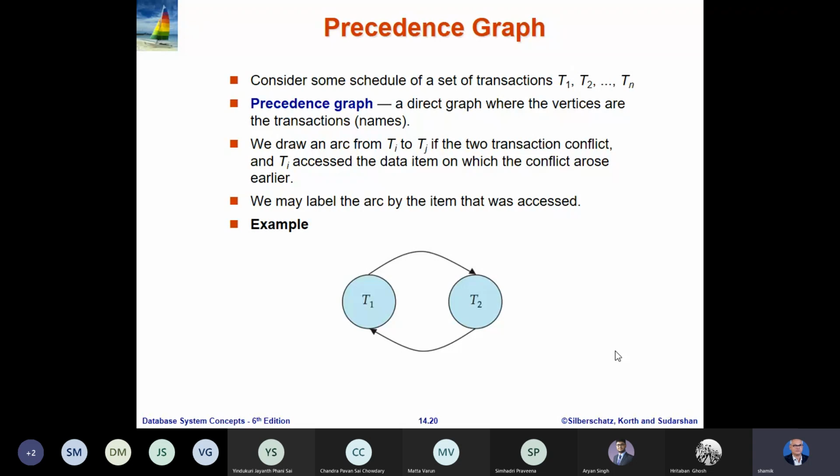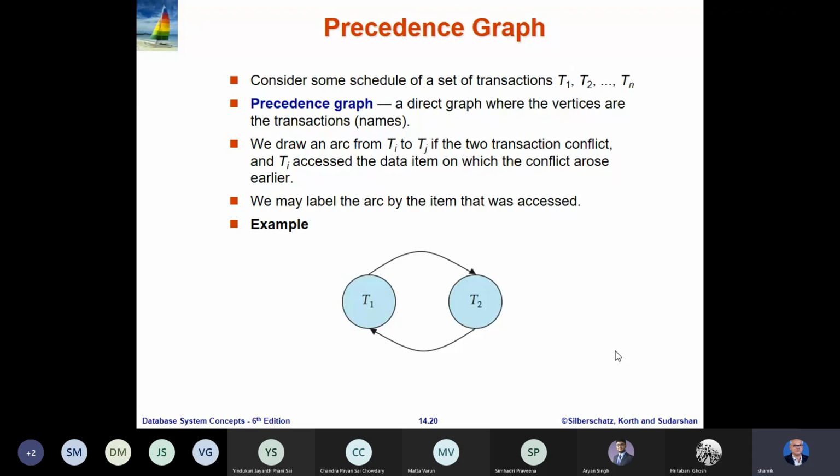Again I am repeating: if T1 has a read Q before a write Q of T2, the edge will be drawn from T1 to T2. If T1 has a write Q and T2 has a read Q, then also the edge will be drawn from T1 to T2. If T1 has a write Q and T2 has a write Q, then also the edge will be drawn from T1 to T2. And conversely, if T2 has a read Q before a write Q of T1, then I will have an edge from T2 to T1.